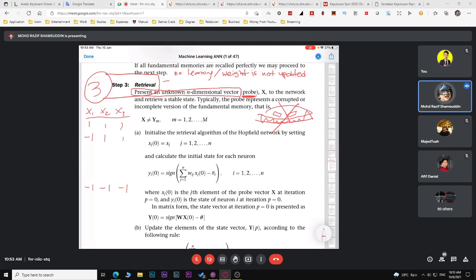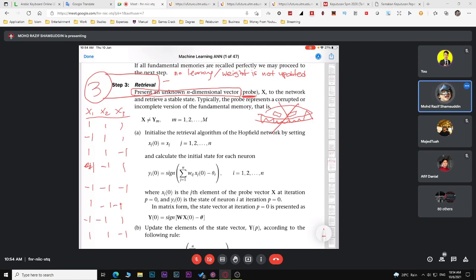So -1, 1, 1, 1, 1, -1, -1, 1, 1. 1, -1, 1, -1, 1, 1, 1, -1.